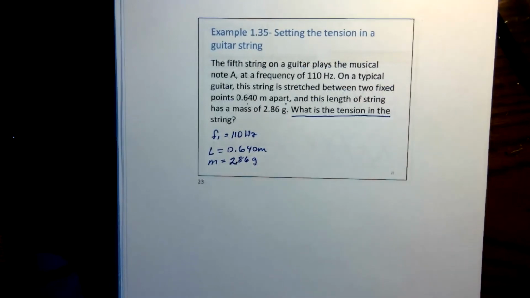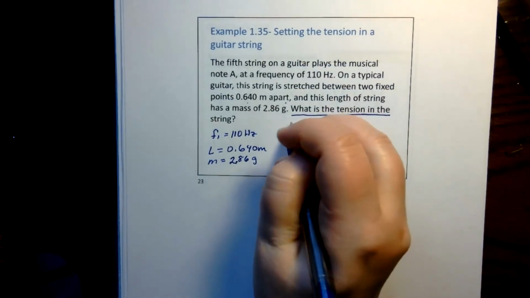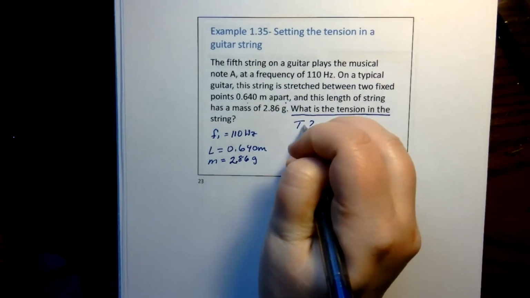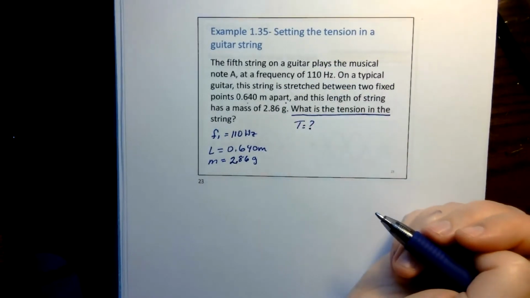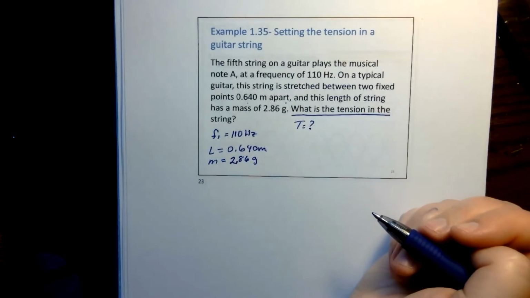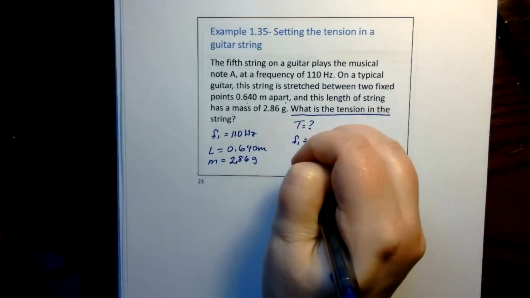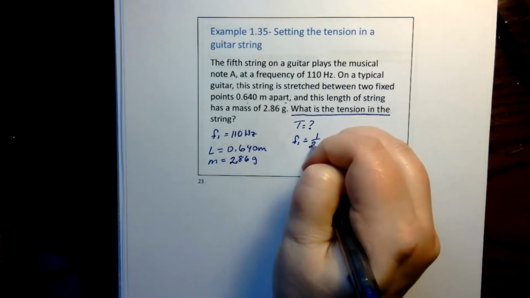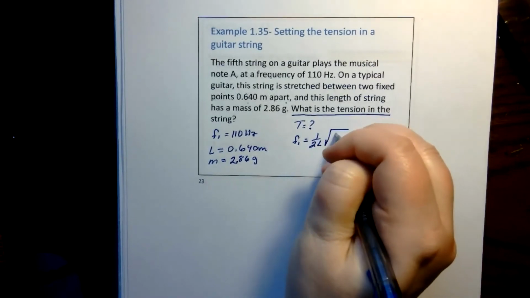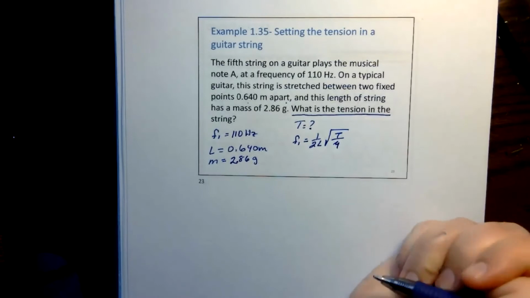This problem talks about frequency, length, and tension. We're looking for the tension, so we want something that relates tension to frequency. We've had one we worked very recently that says F1 is equal to 1 over 2L square root of T over mu.